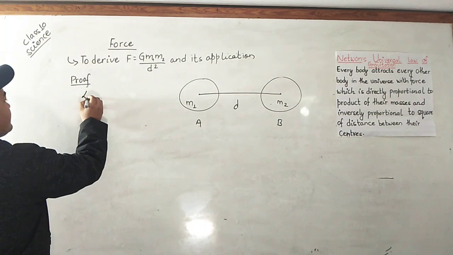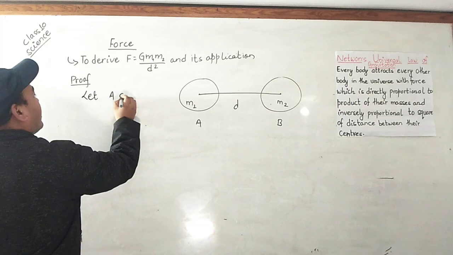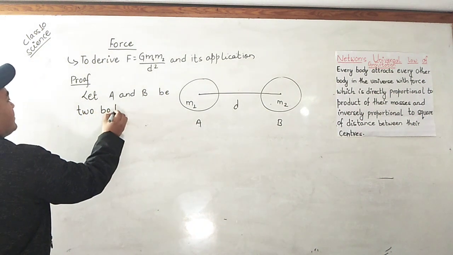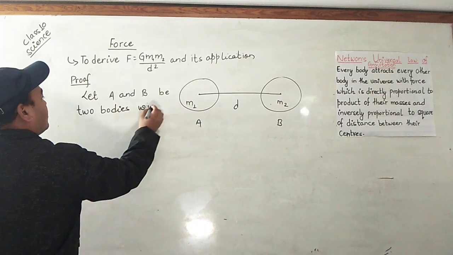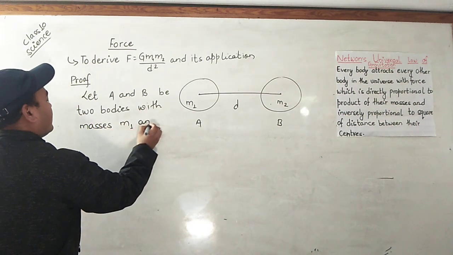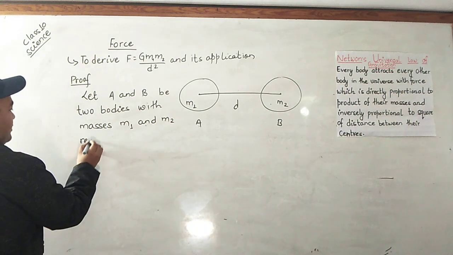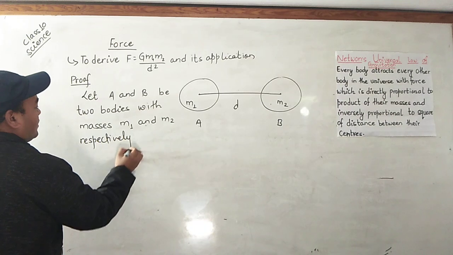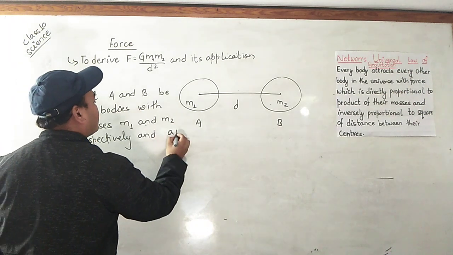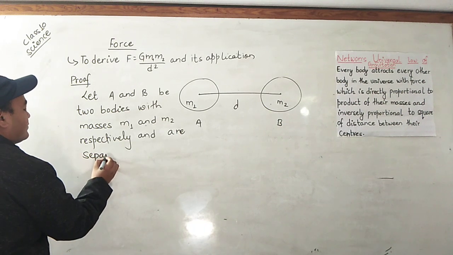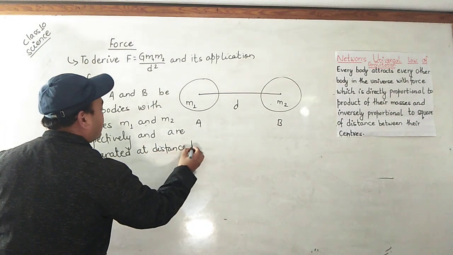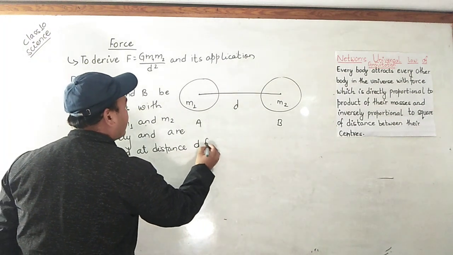Here let A and B be two bodies with masses m1 and m2 respectively, and are separated at distance d from their center.